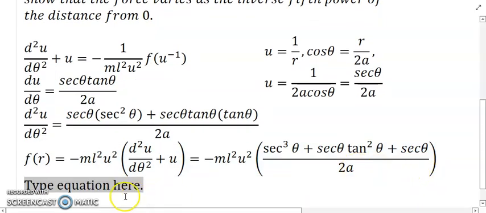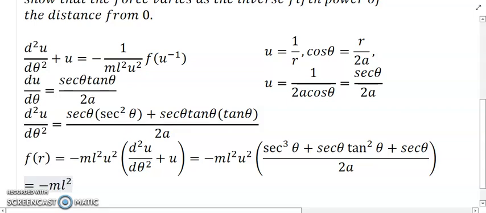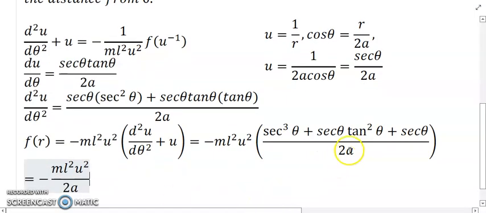Then this will be equal to negative m l squared u squared divided by 2a. We take 2a outside, and here, don't forget that we have secant squared and secant cube, and on this side we have secant, so we can take secant out.